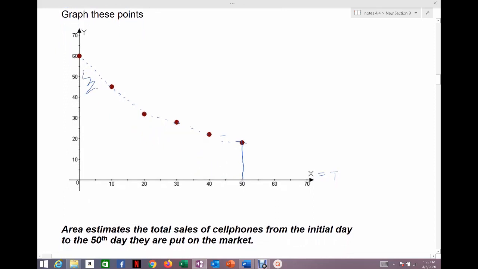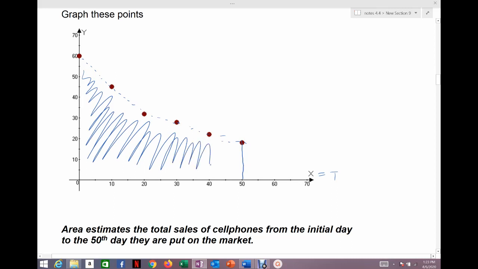If I find the area under this set of information, what that area will find is, based on the rate of sales over each 10-day increment, and again, it is an estimation, a big-time estimation based on our limited statistical data.